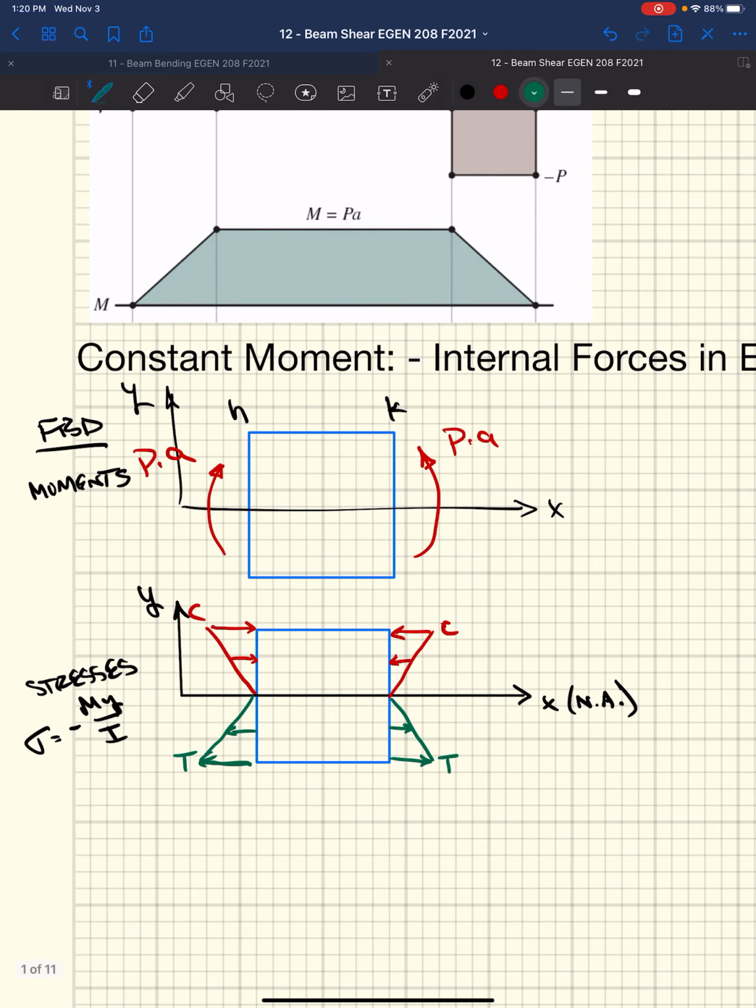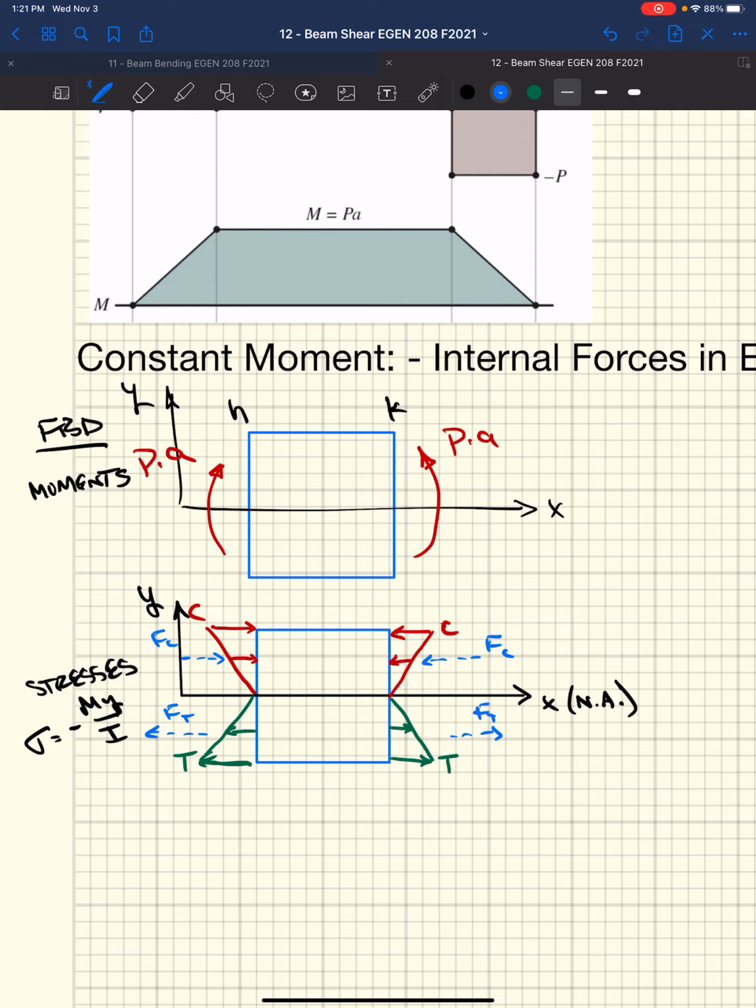Well, if we look at resultants, right? Stresses times an area are forces. So we really have these resultant forces acting at the centroid of this stress, which would be 2/3 up from the neutral axis because it's a linear.